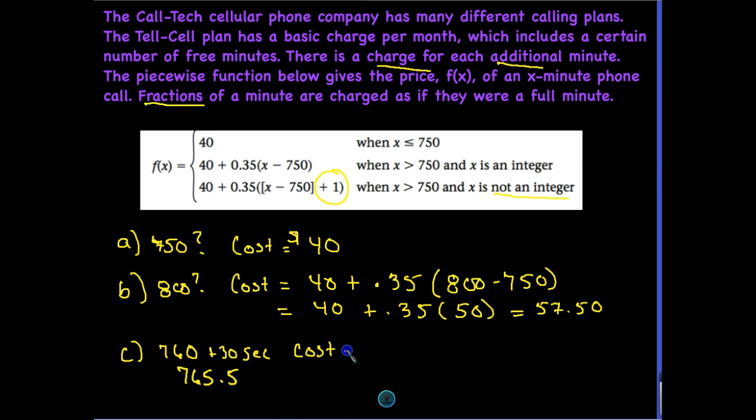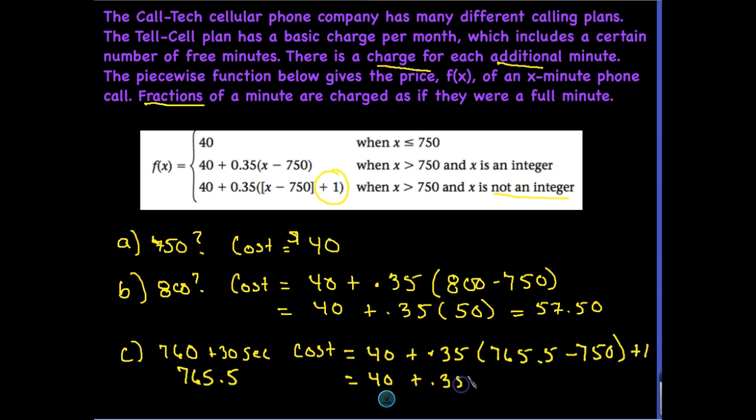So we would say that we're going to pay $40 plus that 35 cents a minute times however many minutes we talked minus 750, and then we add plus 1 because we don't want to leave it as a fraction.